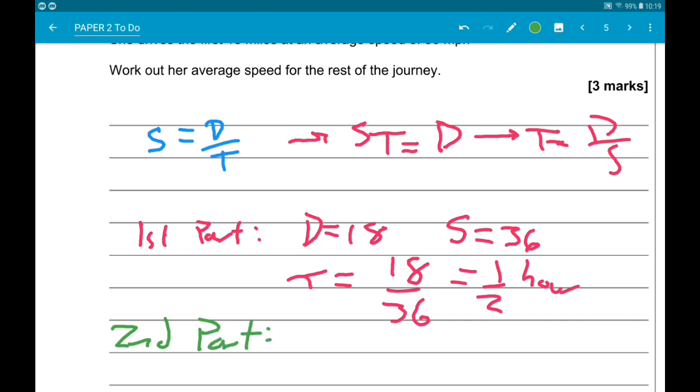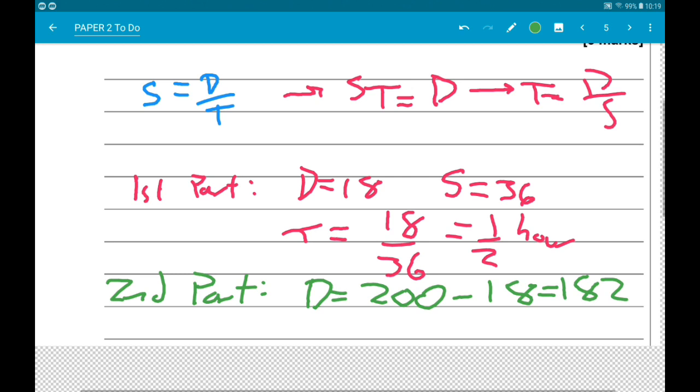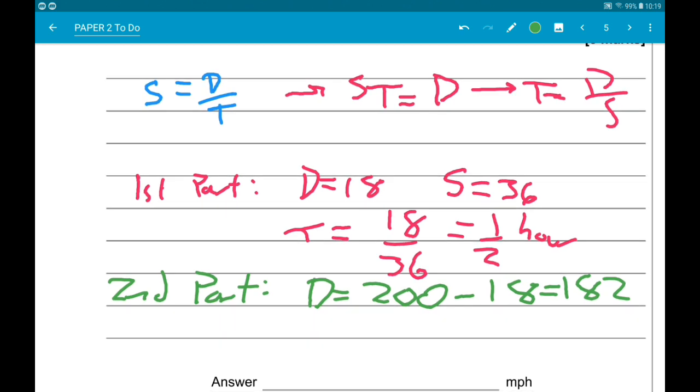So her distance is 200 minus 18, which is 182 miles, and her time in terms of hours is 3.5.